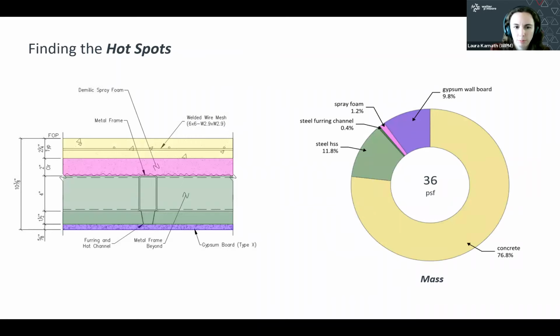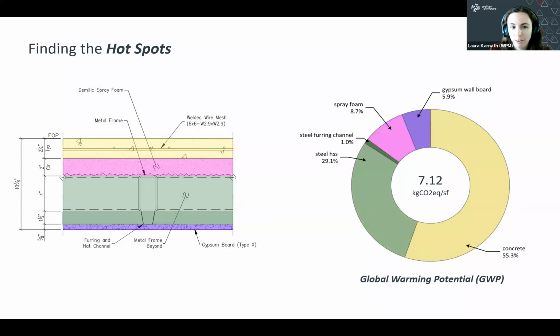And so when we look at the system, one of the things we wanted to do was find the hotspots. We can look at which pieces of the system make up the largest share of the overall mass of the system, and that's going to be concrete. We can look at which of these things make up the largest portion of the GWP. Again, concrete, because it's most of the stuff that is part of this wall system.